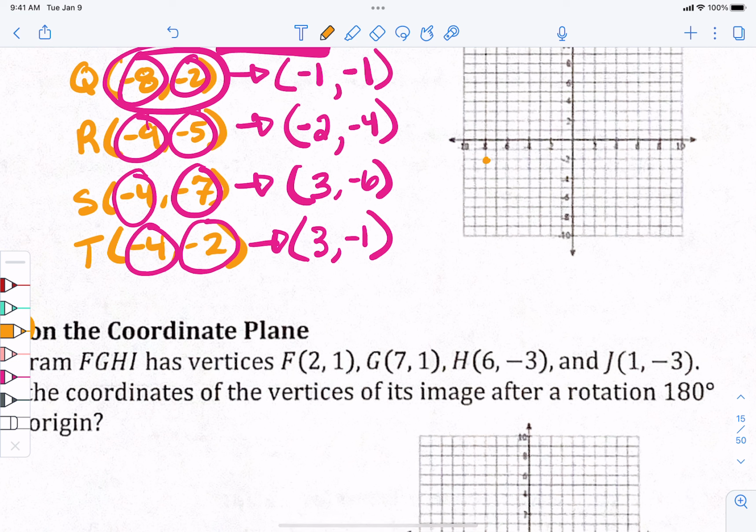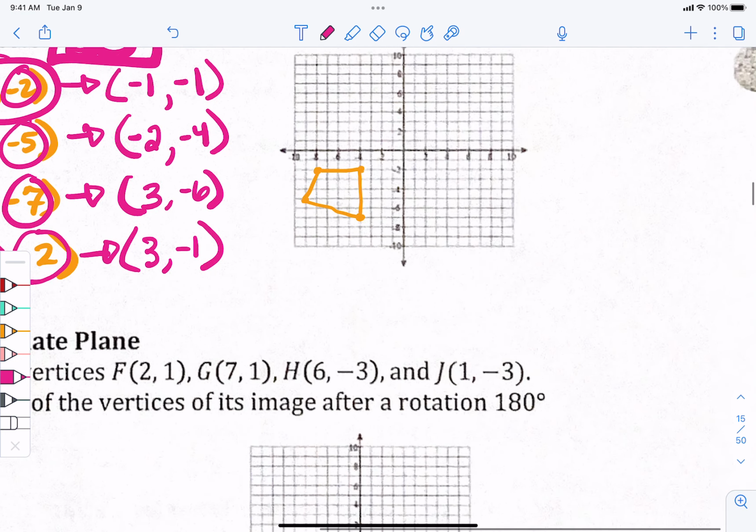Okay, so I'm going to plot my first one. -8, -2. I'll quit talking so it makes it easier. He's like a quadrilateral without a right angle somewhere. Okay, and I'm going to plot my other one.